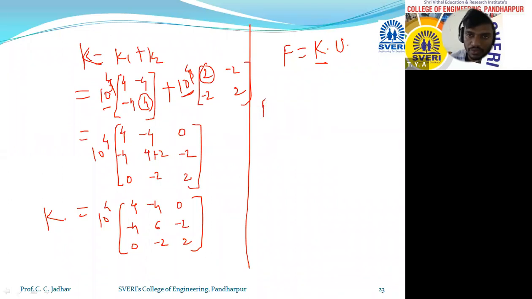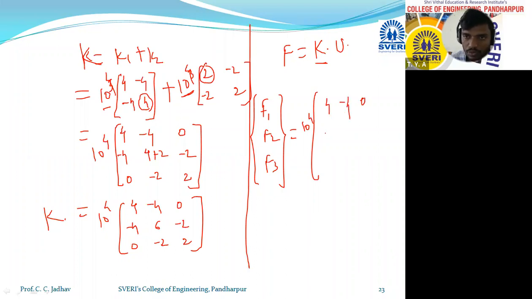F is nothing but your force values, F1, F2, F3, is equal to K, 10 raised to 4 times 4, -4, 0; -4, 6, -2; 0, -2, 2, and the U values, that is U1, U2, U3.